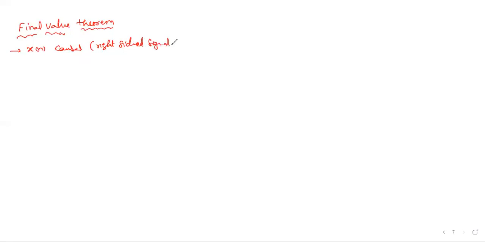And the poles of x of z should not lie outside the unit circle. If these two conditions are not satisfied, if any pole lies on the unit circle or outside it, we cannot apply this final value theorem.